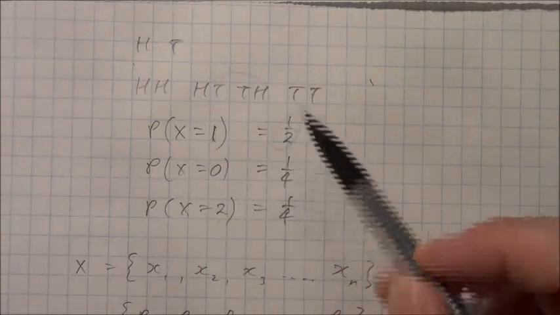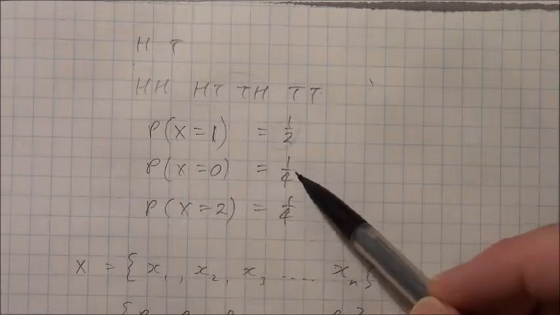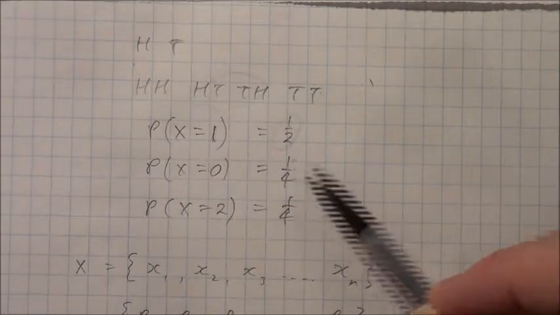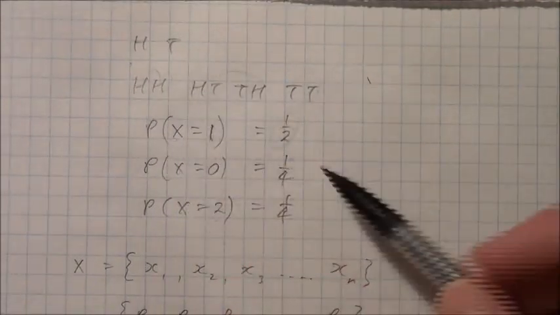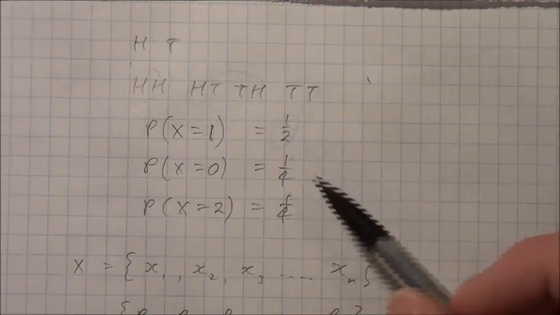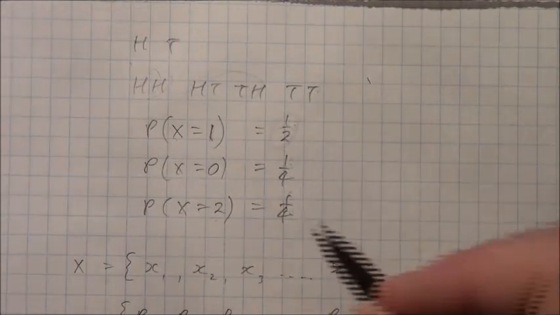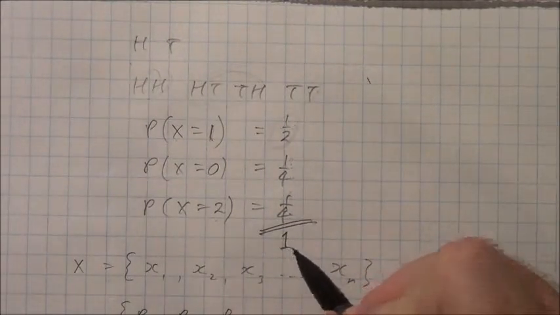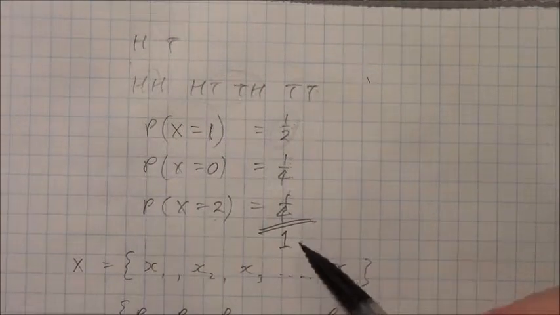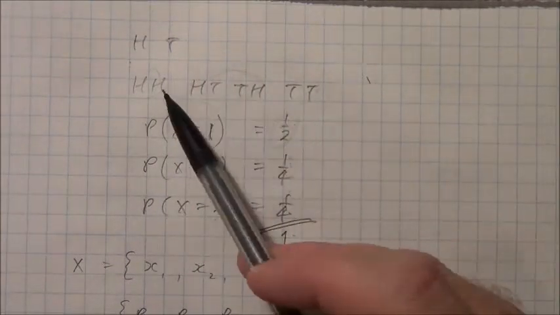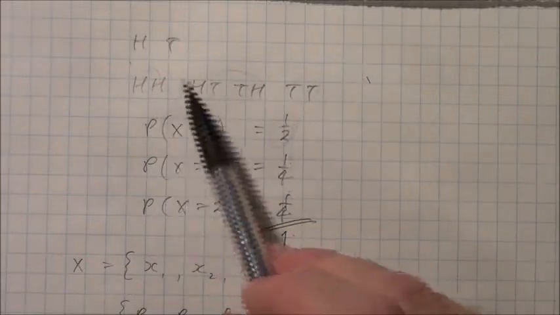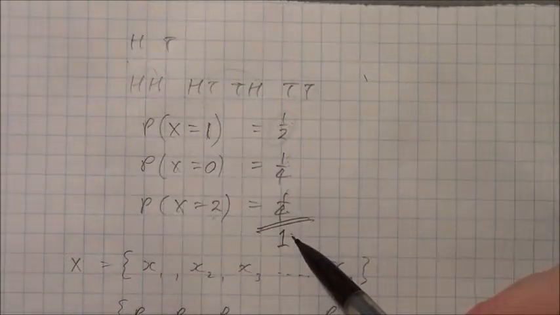When no heads turn up, that is 2 tails, that's a 1 in 4 probability, and when 2 heads turn up, there's a 1 in 4 probability. So if you add up all these different probabilities, they're going to equal 1, because with all certainty, when you flip 2 coins, one of these scenarios will definitely occur.